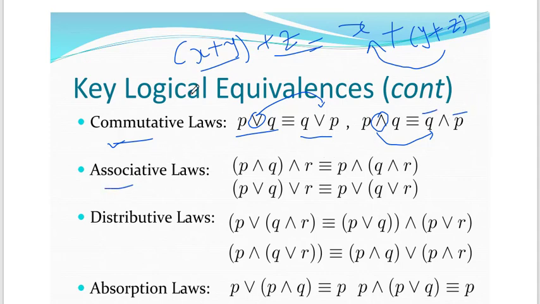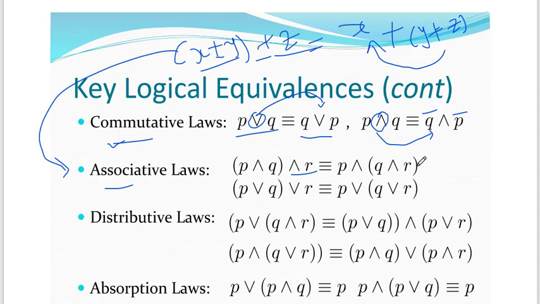Next, associative law. If first of all you want to carry out the operation in bracket, and if both are and, then this is possible, okay. If both are plus, then this is possible. First you carry out the operation on p and q, then after that with the help of and r.